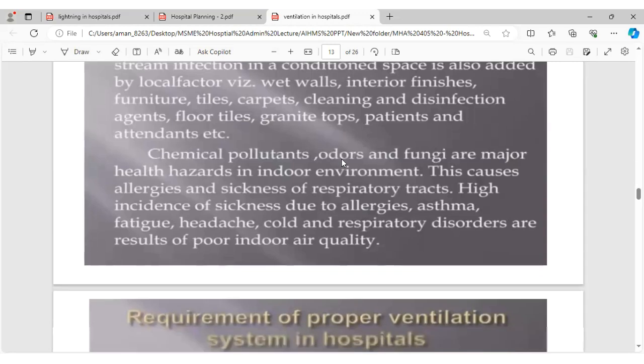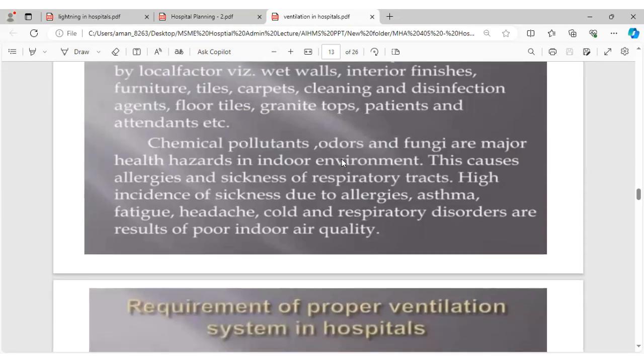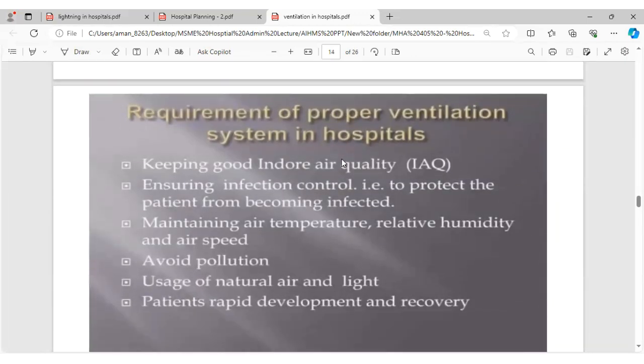Chemical pollutants, odors, and fungal growth are the major health hazards in the indoor environment. This causes allergies, respiratory tract sickness, asthma, fatigue, headache, cold, and respiratory disorders as a result of poor indoor quality.